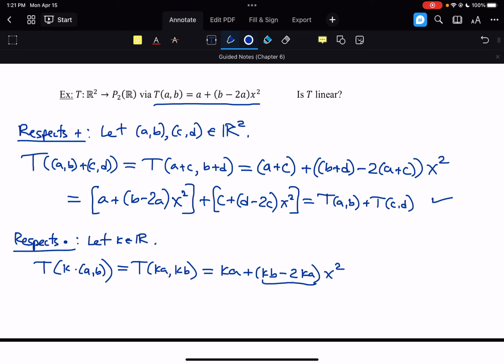There's a common factor of k in here that you can factor out to the front, but then that factor of k can also get factored with this factor of k. So we can just pull a k all the way out to the front. So this is k times a plus b minus 2a x squared.